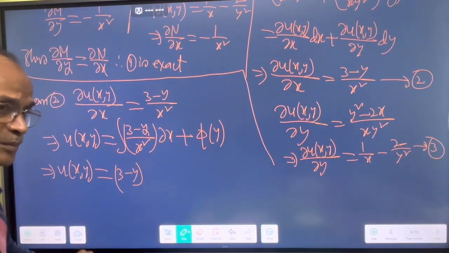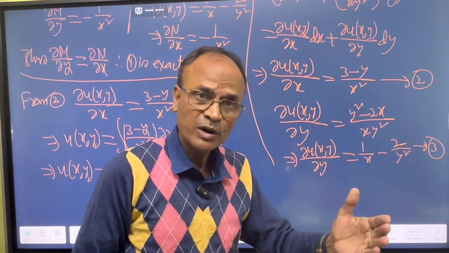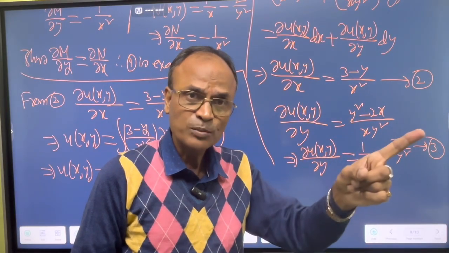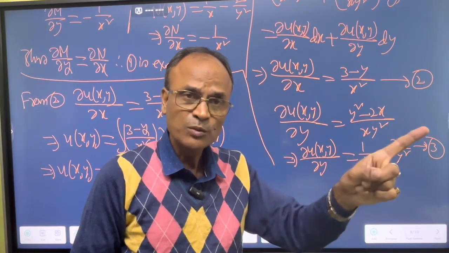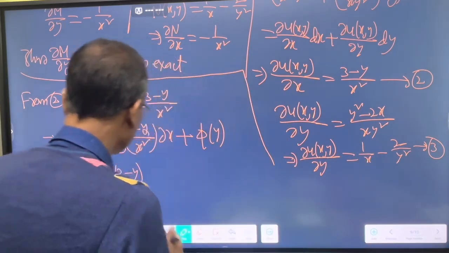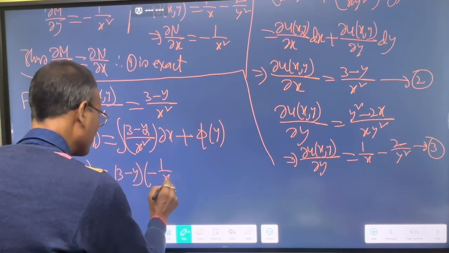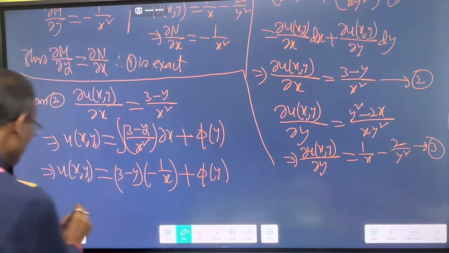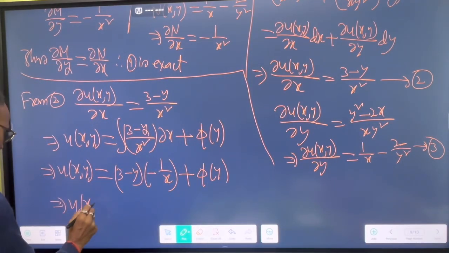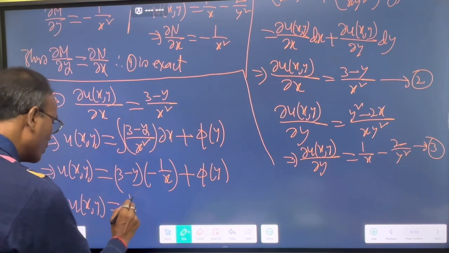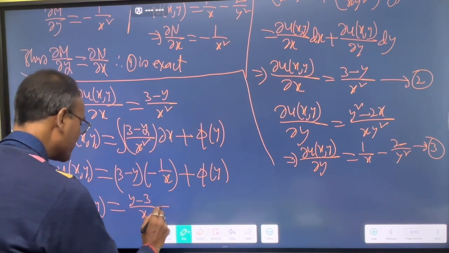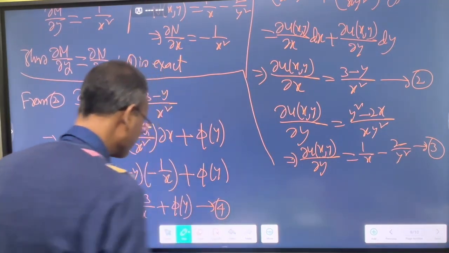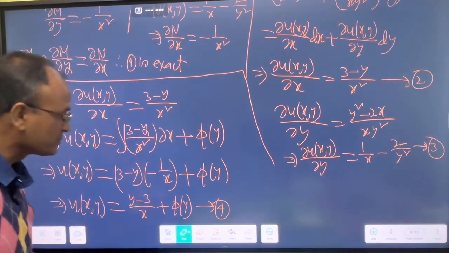What is the integration of 1/x²? x to the power -2 means x^(-2+1)/(-2+1), that is x^(-1)/(-1) = -1/x. So u(x,y) = y - 3/x + φ(y). This is number 4.